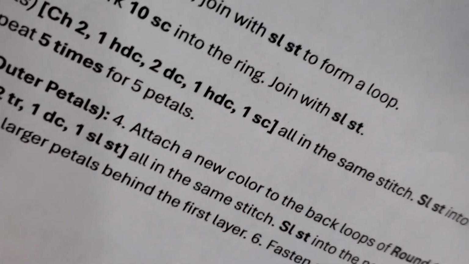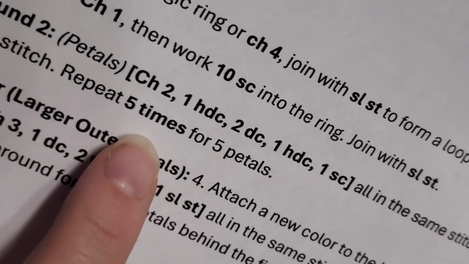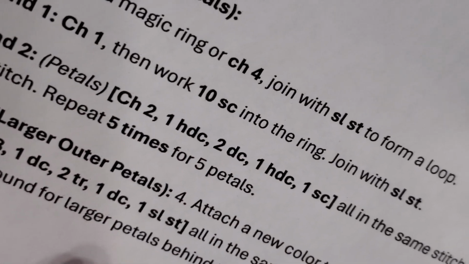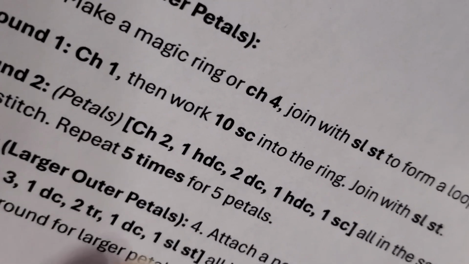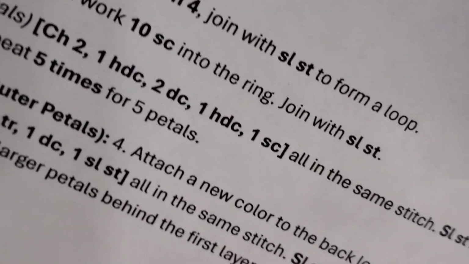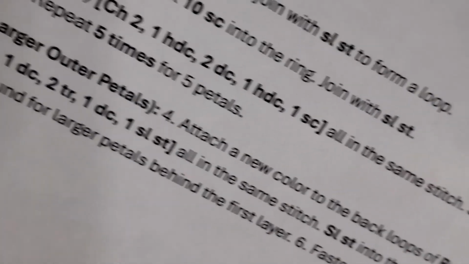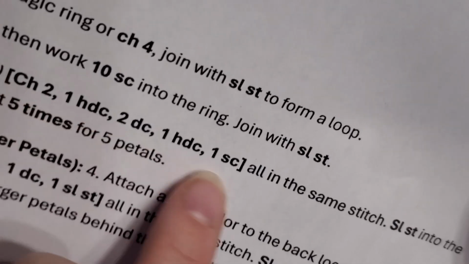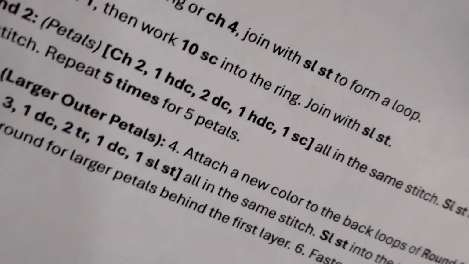Then you're slip stitching into the next stitch, and then you're repeating what's inside that bracket 5 times. So, the inside of the bracket and then the slip stitching at the end. So, yeah, make sure to pay attention to those brackets as well.